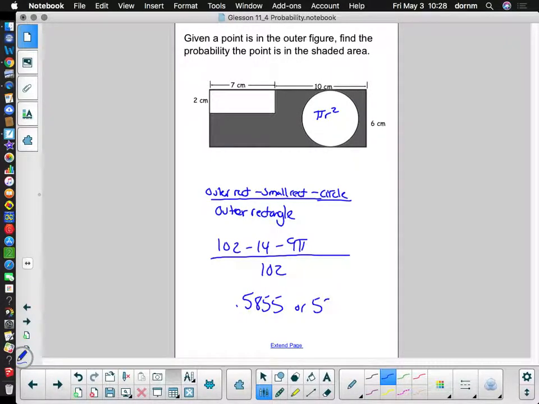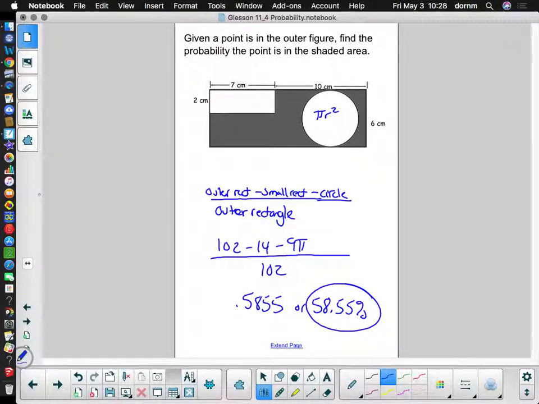Or 58.55% chance. My probability, if I pick a random spot in that shape, of that spot being in the shaded area is 58.55%, because that's the proportion of the area that's shaded. That's how we do a geometric probability problem.